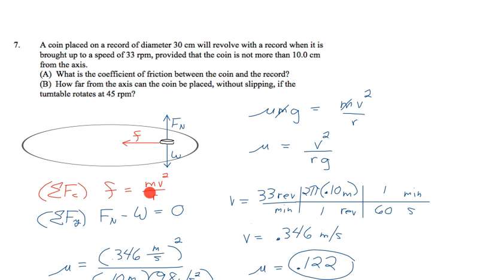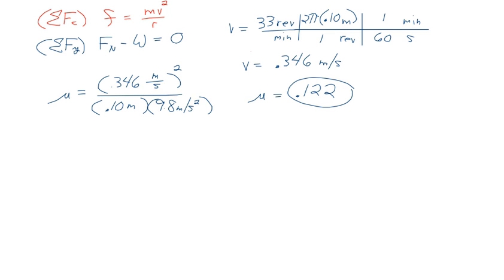So I can't set friction equal to mv squared over r. From when I sum up my centripetal forces, I'm going to make friction equal to mr omega squared. So that's going to be my equation for part B, because r is the unknown.